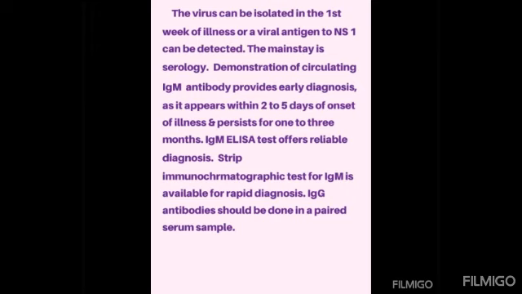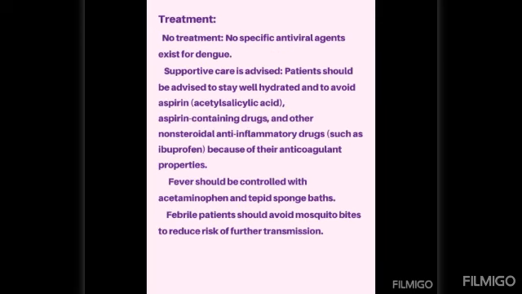IgM ELISA test offers reliable diagnosis. A strip immunochromatographic test for IgM is available for rapid diagnosis. IgG antibodies should be done in a paired serum sample. IgM antibody demonstration is very important, providing early diagnosis.